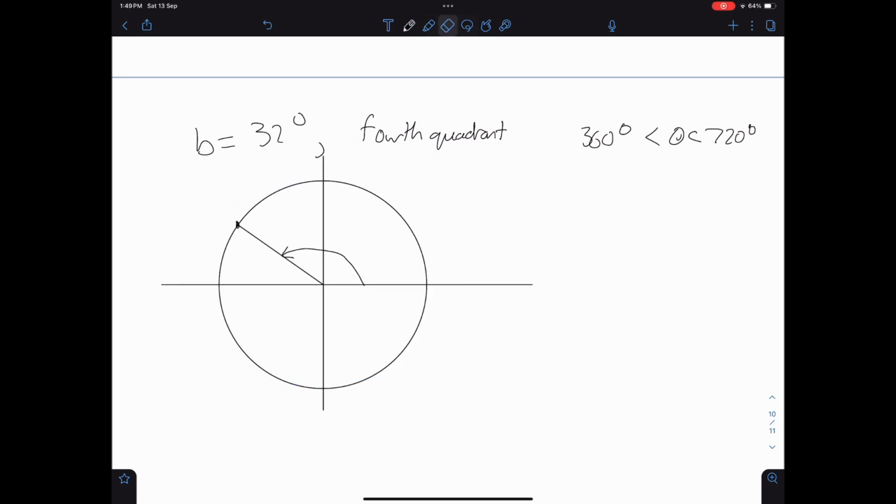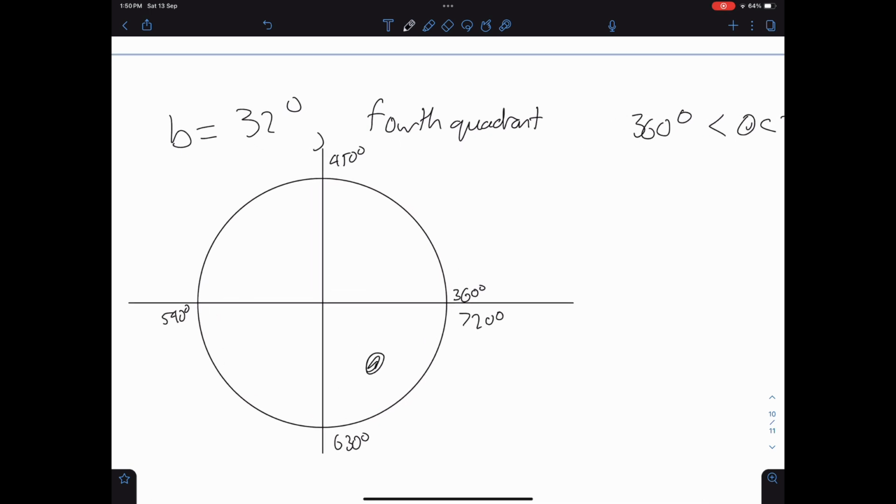So what I would do here, I would be thinking we start at 360 and then we go along 450 degrees, 540 degrees, 630 degrees, and then end with 720 degrees. Okay, we know it's in the fourth quadrant, and we need it to make a basic angle of 32 degrees. So it would be like this.